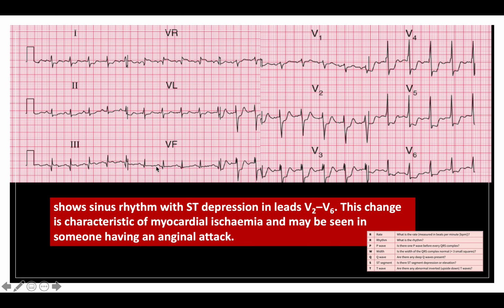You can clearly see a P wave here. So you can safely say that this shows a sinus rhythm as well. Now, is there one P wave before every QRS complex? Yes, there is. So there is no worry that the patient is undergoing atrial fibrillation or some sort of heart block or anything. What about the QRS complex?